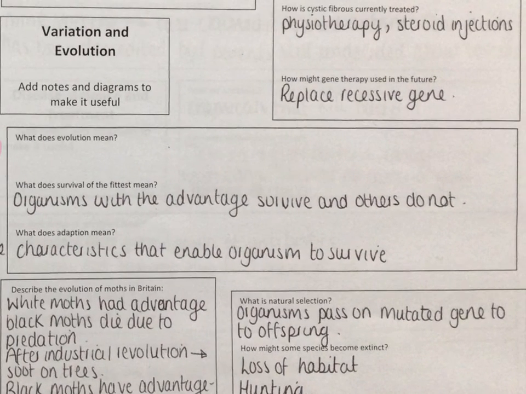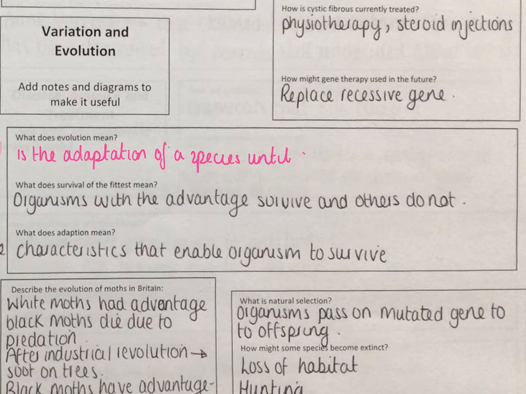What does evolution mean? Evolution is the adaptation of a species until a new species is formed.